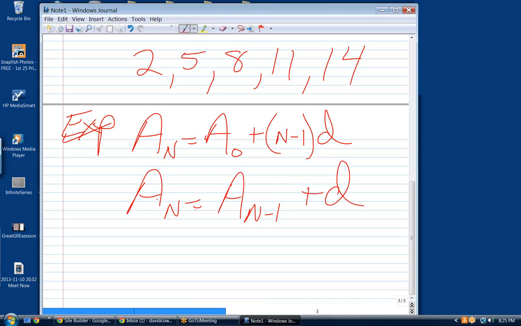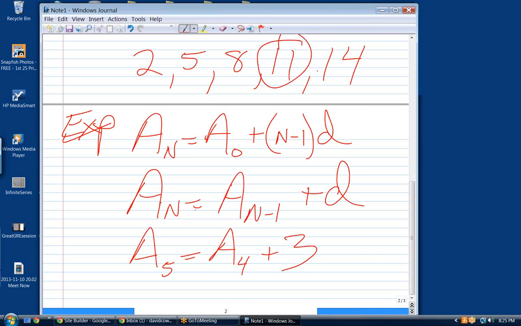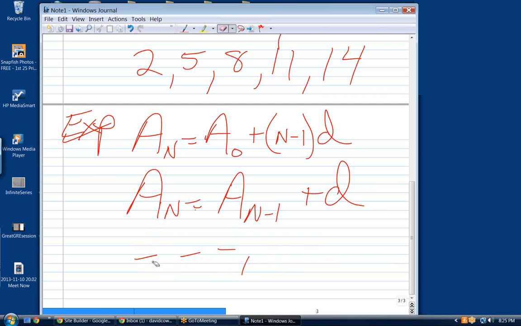In other words, if I want the fifth term, a sub 5, then I take a sub 4 plus 3. There's a sub 4. Add 3 to that, and I get the fifth term. The recursive definition is always a function of the previous term, whether you have an arithmetic or a geometric series. In other words, when I have a recursive, I know that it's going to be a function not of the first term, but of the previous term.